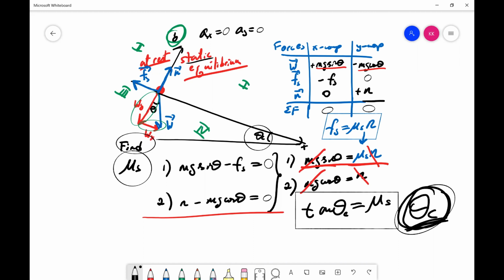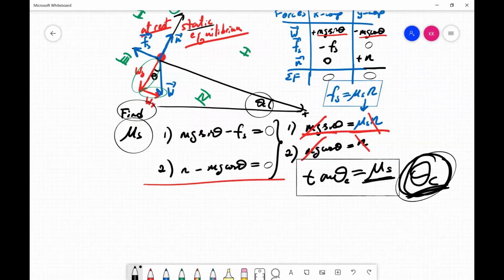So that's what you need. In order to find the coefficient of static friction, you have to go through the steps and find the critical angle. Or you can just do the mathematics of all of this in order to find it. So that's one part of the experiment today.